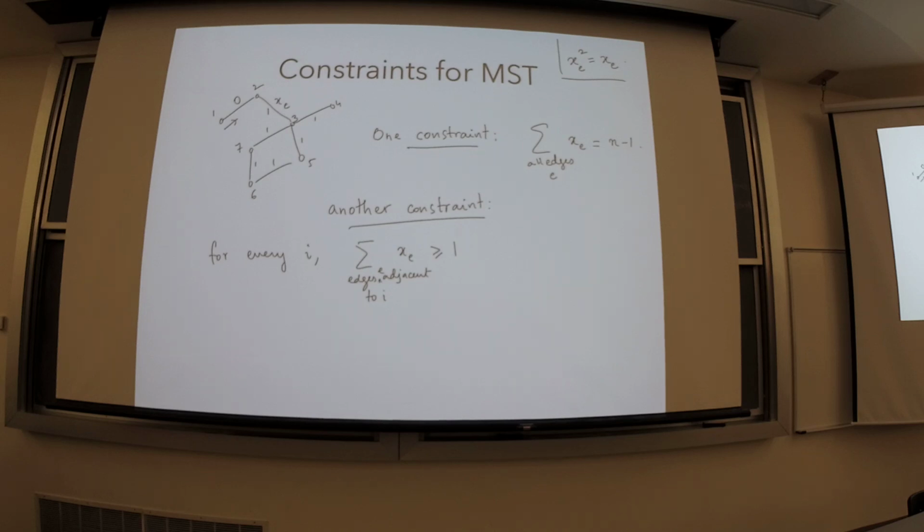So you need more constraints. And one set of constraints that he mentioned is saying that in every cycle, the idea is to have a constraint for each cycle.